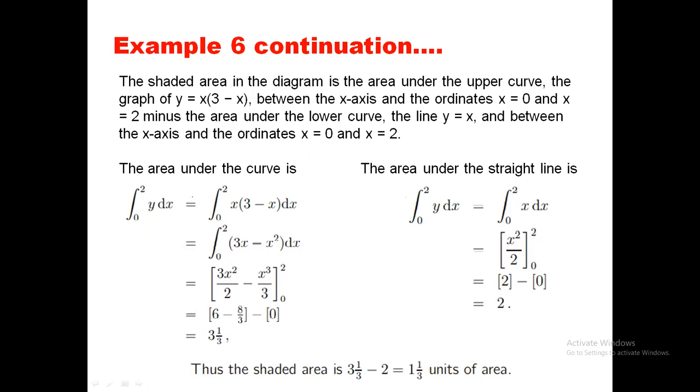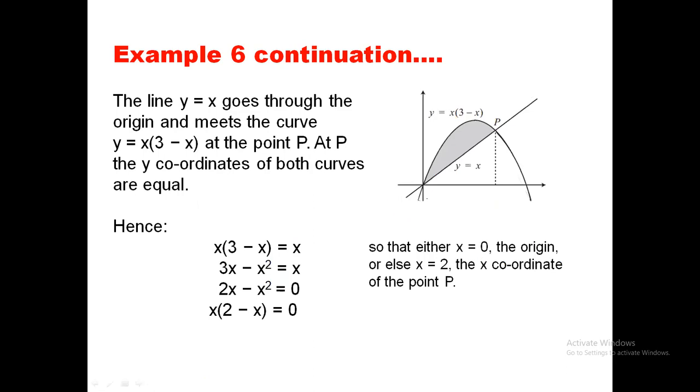The area under the curve, it could be like this. I'll draw it for you. In this procedure, you first find the area under the curve, and you determine the area under the line, and then you subtract the two. So why is that? If this is your illustration, the area under the curve from 0 to 2 is this one.